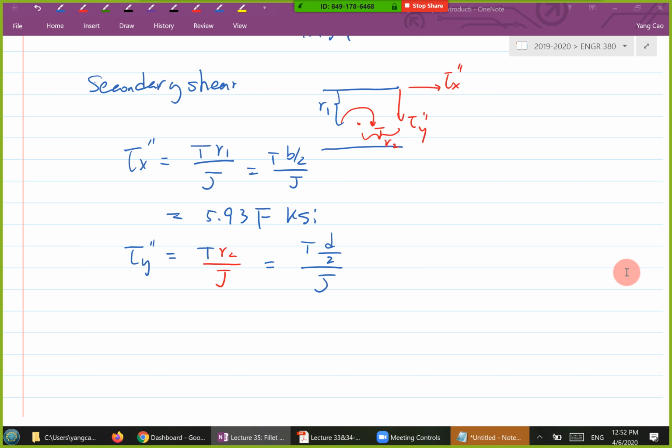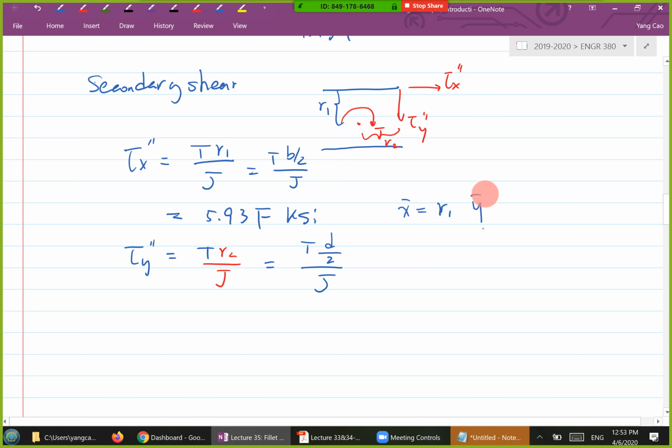So bottom line, this R1, R2 is essentially your centroid dimension. Let's say this is the x-axis, this is the y-axis. So your x bar and y bar give you the centroid.